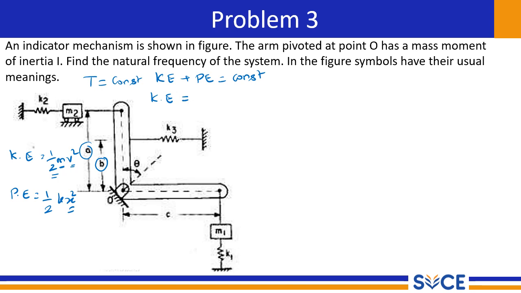Kinetic energy first. Let me start. What is the kinetic energy? It is going to be half m v square. Let me go with the first mass. The kinetic energy is half m v square, where v is denoted in terms of velocity.